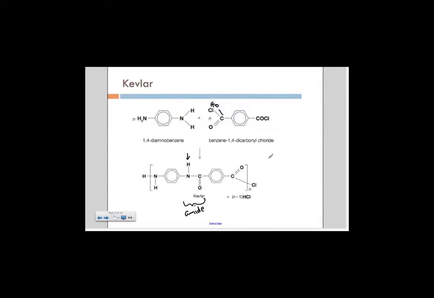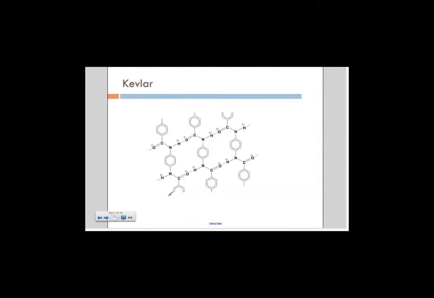Okay, so NH and CO on opposite sides of chain. And this is important because what that does is allows for some really significant hydrogen bonding between adjacent chains. Okay, and so that's shown in this picture here.